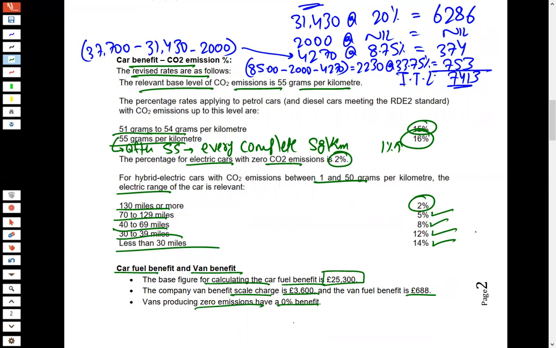Like previously, if you were applying 2%, then now you need to apply 3% and so on. The RDE2, non-RDE2 concept remains the same. If a car is a diesel car, you are supposed to add 4%. All such things are the same. So these percentages apply to petrol cars and diesel cars meeting the RDE2 standard.